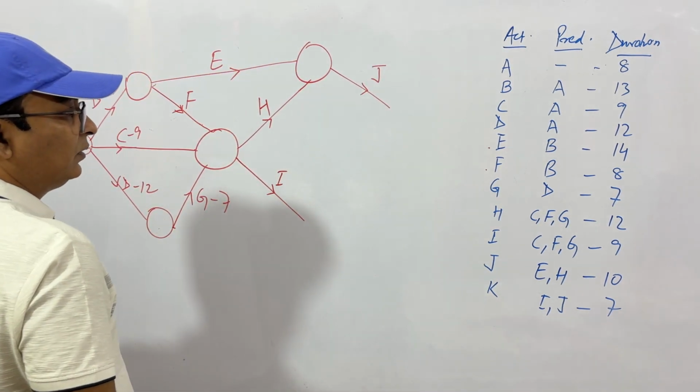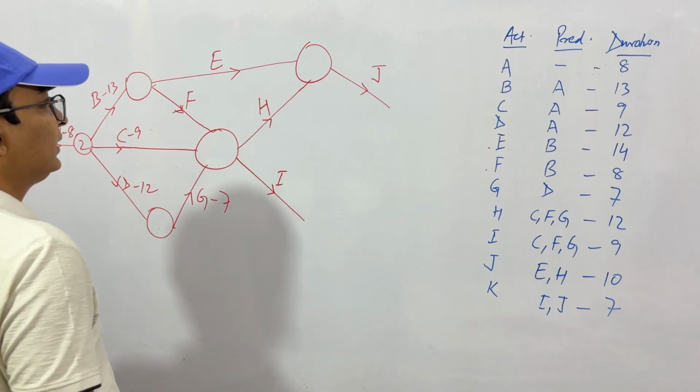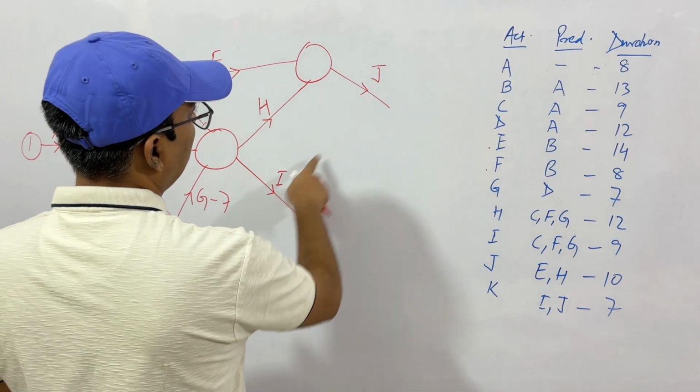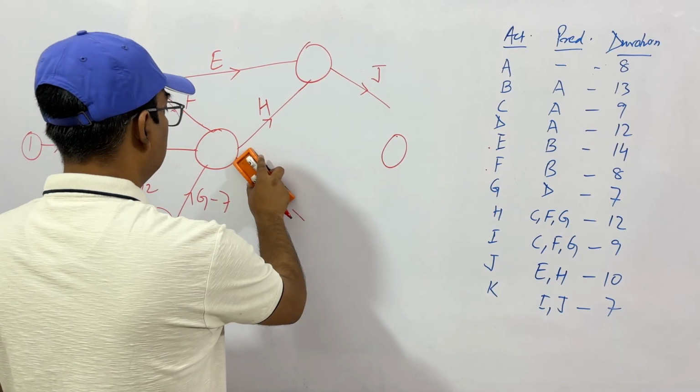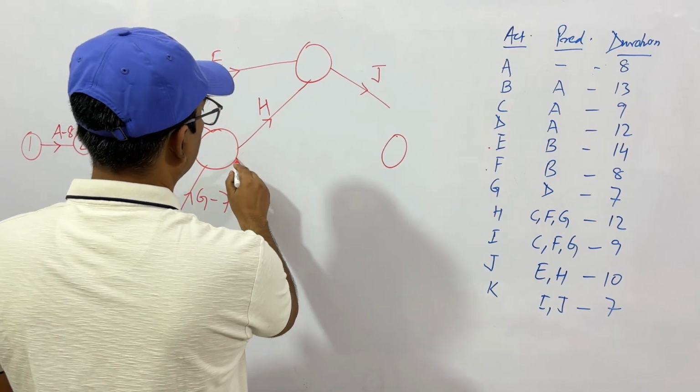Okay. And we have another activity K, which is after I and J. See, I and J, they'll meet at one point. So I goes to this node.